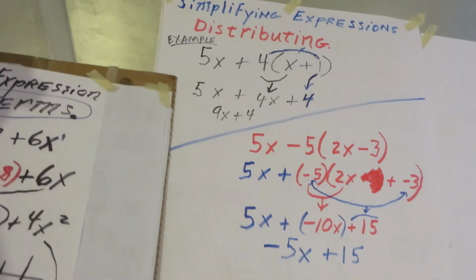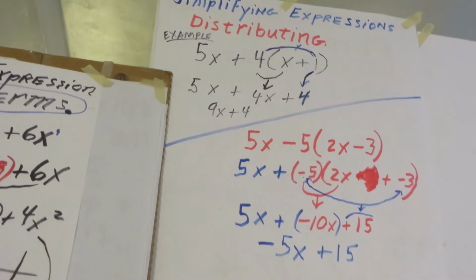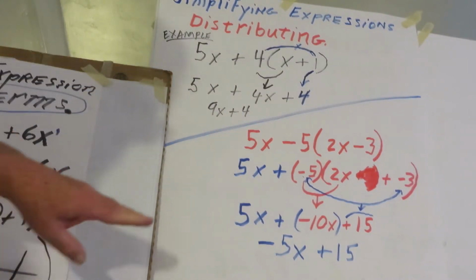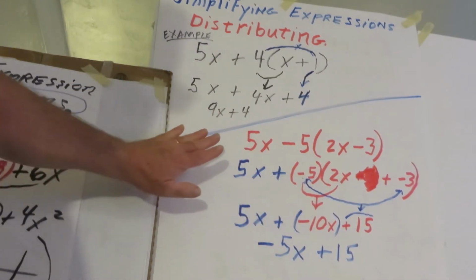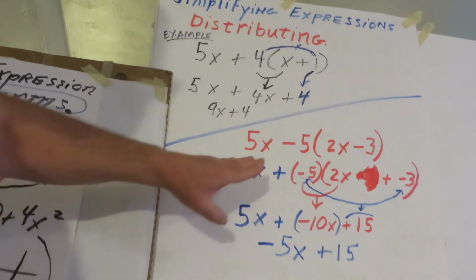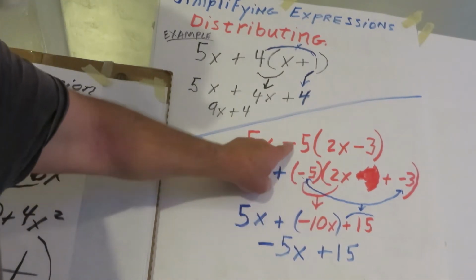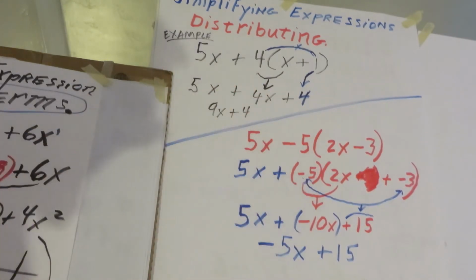In this next problem, I'll show you why I do what I do with the negatives, why I change the minus to plus a negative. It just works out better. If you try to do this without changing your minus to plus a negative, it's up to you.